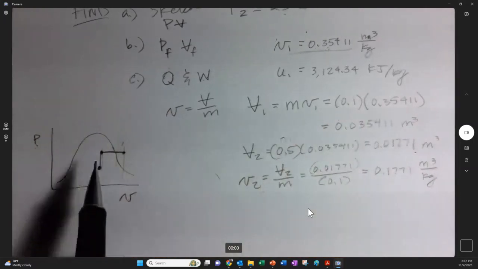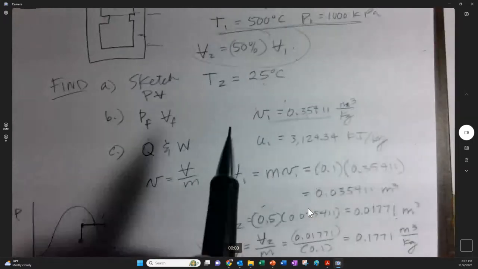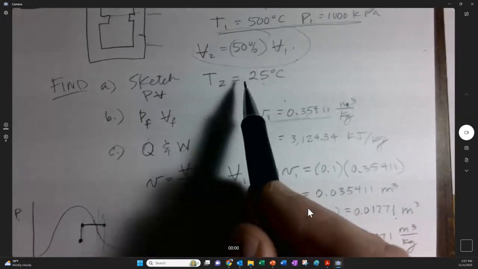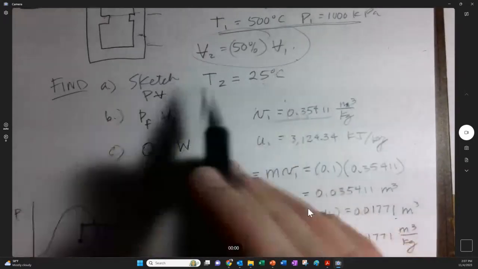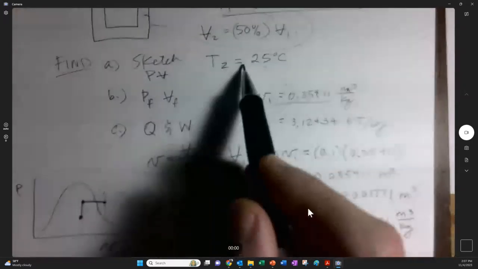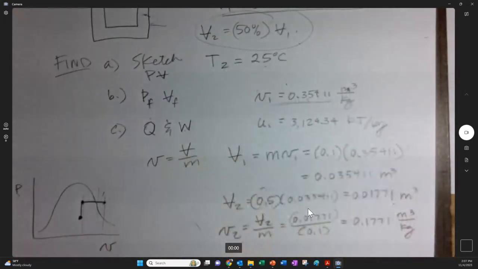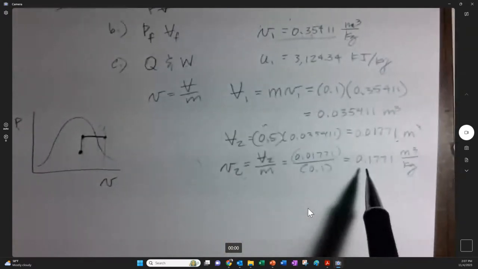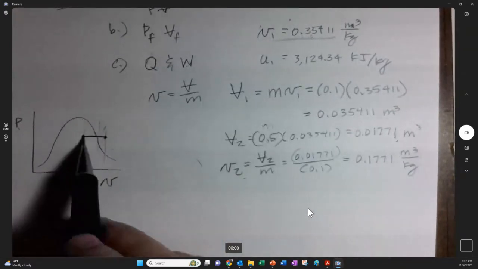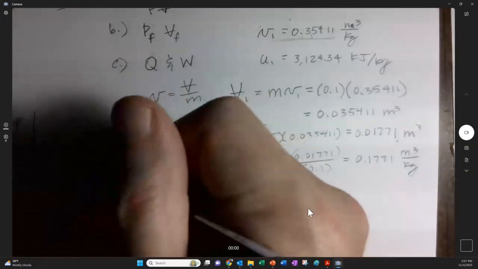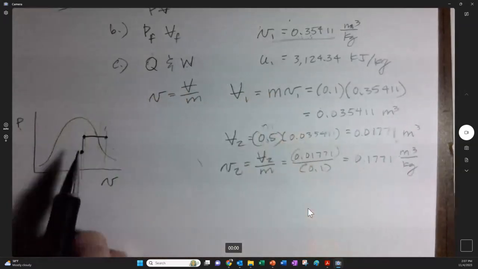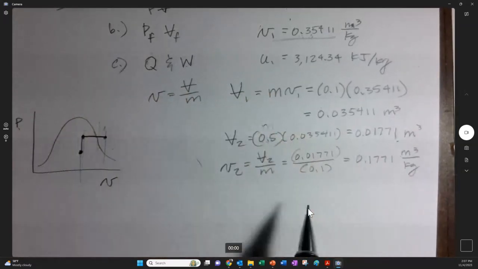I'm still a little uncertain because I haven't memorized how to do this. I'm just thinking my way through it on how we're going to get to this state. But let's keep moving on. We're going to get to this specific volume and then come downwards. So we can find out what these properties are going to be.